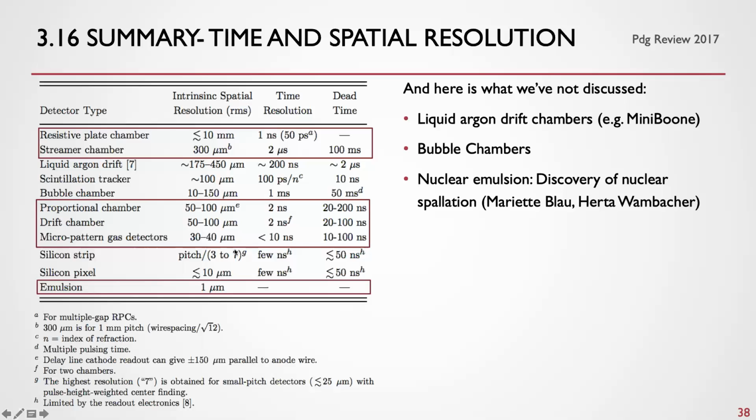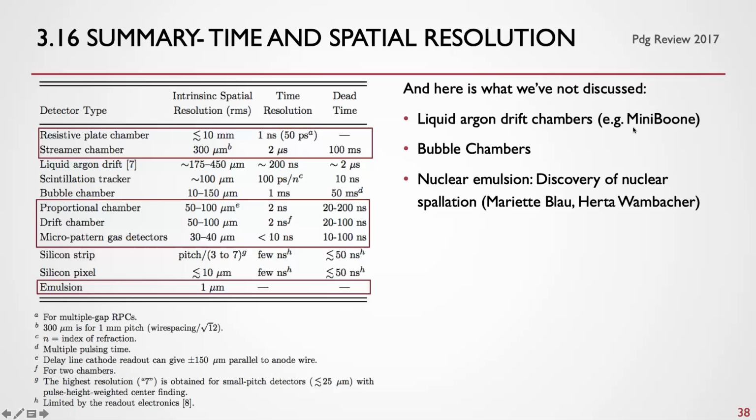Good, there's a lot I've not discussed, of course, because they are special purpose. One can build liquid argon, liquid xenon, even drift chambers. One can build bubble chambers. These are a thing of the past. The liquid argon drift chambers have to tolerate a low occupancy.